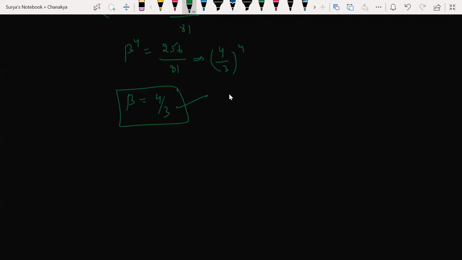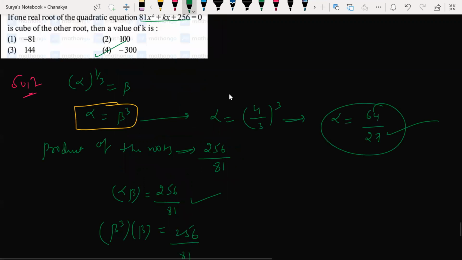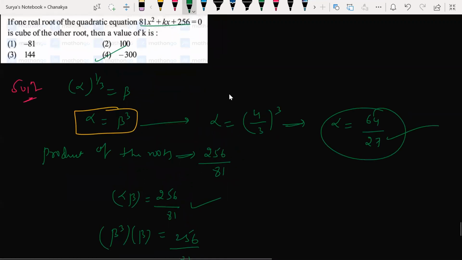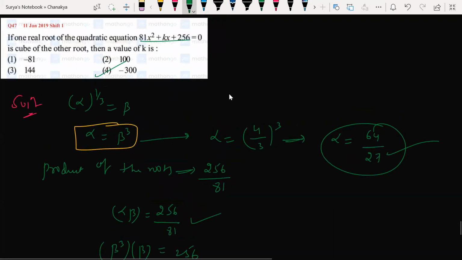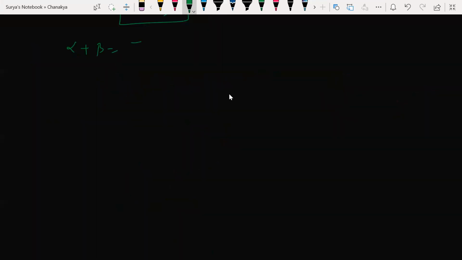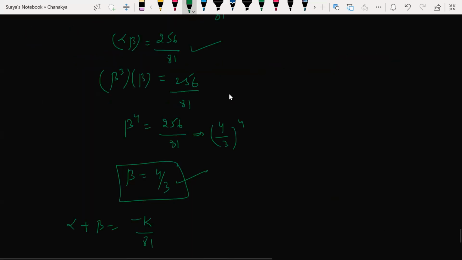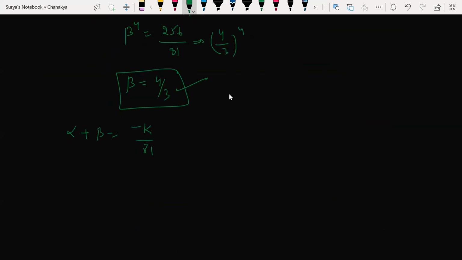So the sum alpha plus beta is minus b by a, which is minus k by 81. Correct? So we need to find the k value. Alpha is 64 by 27, beta is 4 by 3. 64 by 27 plus 4 by 3 is equal to minus k by 81.